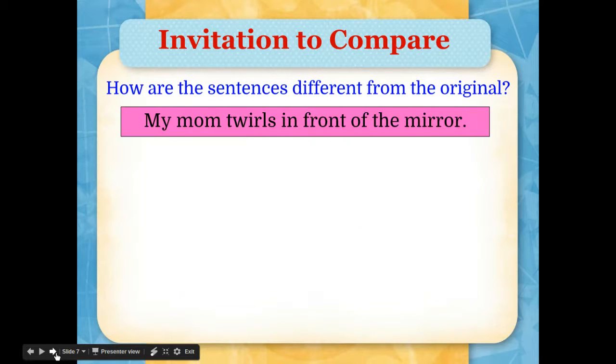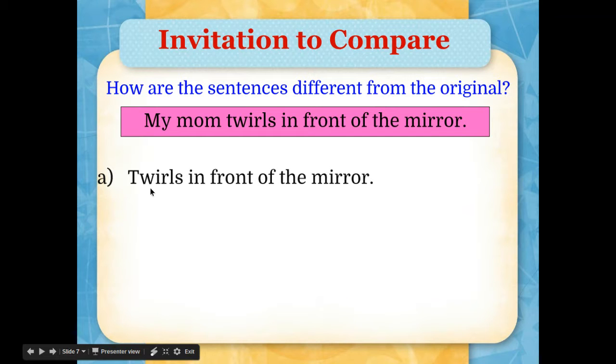Okay, now let's compare these. How are these sentences different from the original? My mom twirls in front of the mirror. Okay, twirls in front of the mirror. Think about what's different, what's wrong about that. It is missing my mom. It is missing the who or the what the sentence is about. It's missing the naming part.